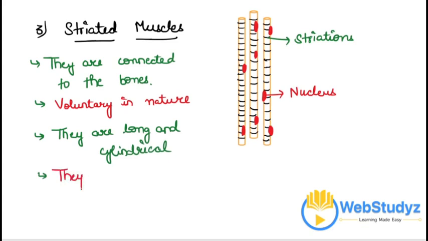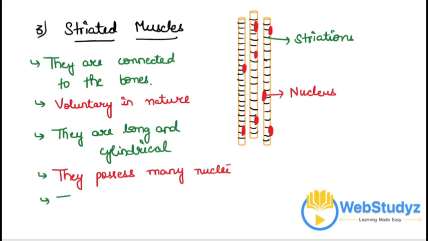They possess many nuclei, meaning each muscle fiber has two or three nuclei. So they are not uninucleated. They are multinucleated. If I say they possess many nuclei or they are multinucleated, it is one and the same thing.